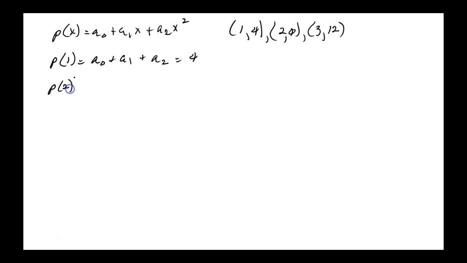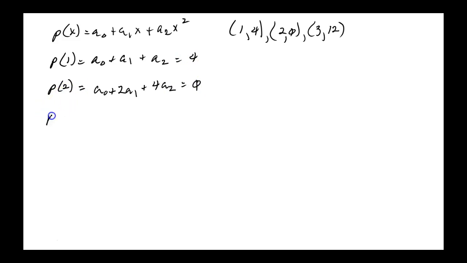P of 2 would produce this equation: a0 plus 2a1 plus 4a2, I'm plugging in 2 for x, and that's equal to 0.